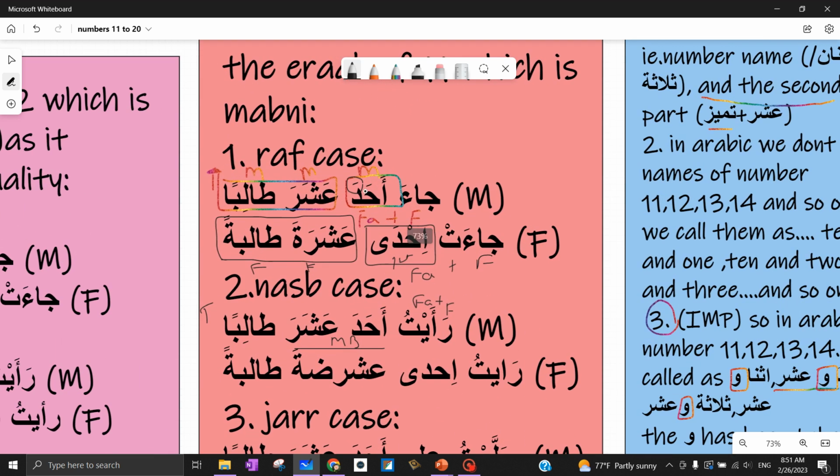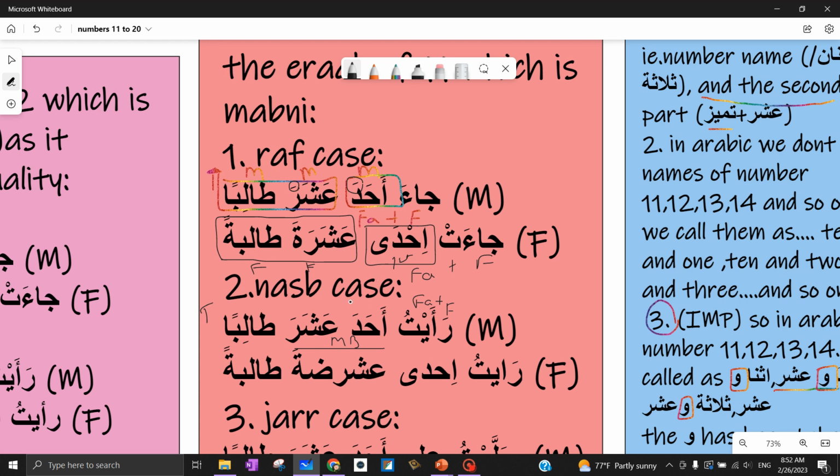As you can see here clearly, the numbers ashara and ahada all remain mabni. Tamiz is mabni always, but the number also becomes mabni on fatha. What was the reason for becoming mabni on fatha? The waw in between has been removed. So that's why in the rafa case also you will see fatha over it.